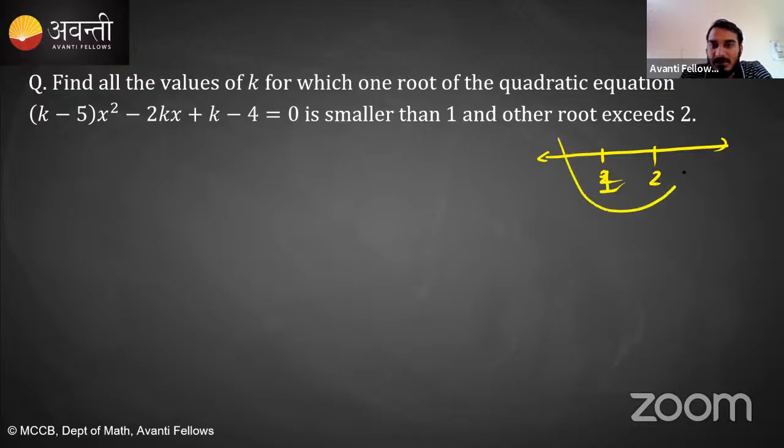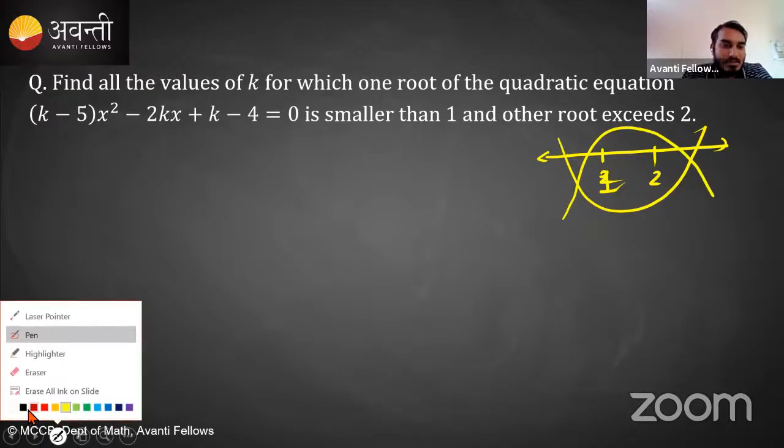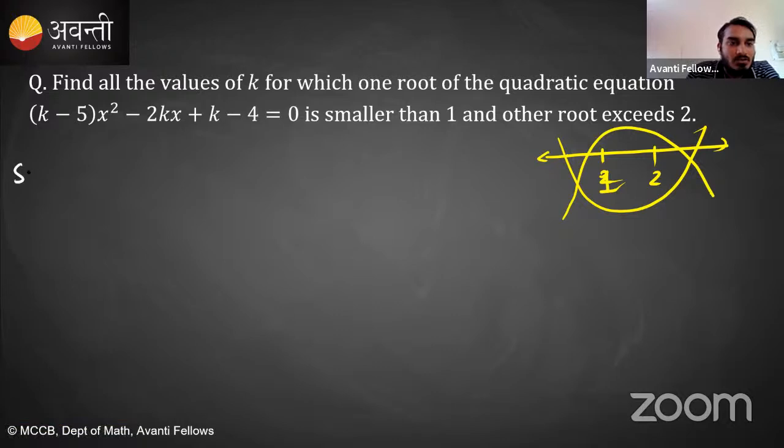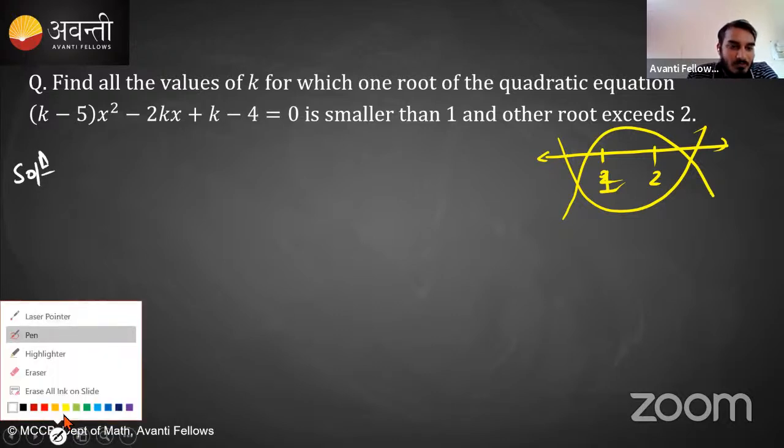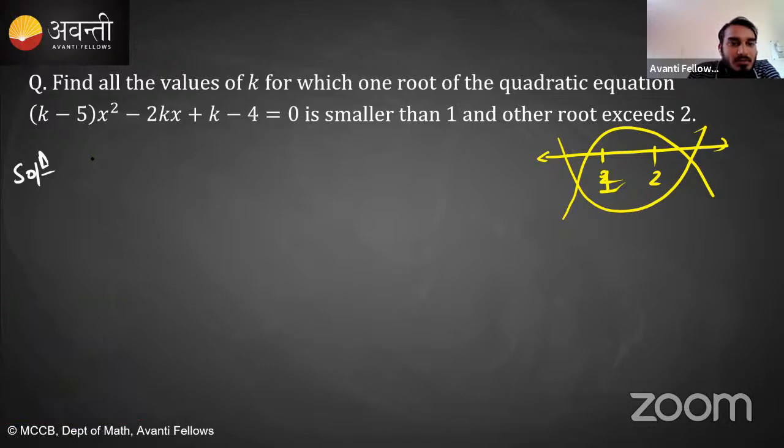So maybe this is the case or this is the case, right? Depending upon your a, both cases can be possible, right? So let's start the solution. First of all, k minus 5 into x square minus 2kx plus k minus 4 is equal to 0.